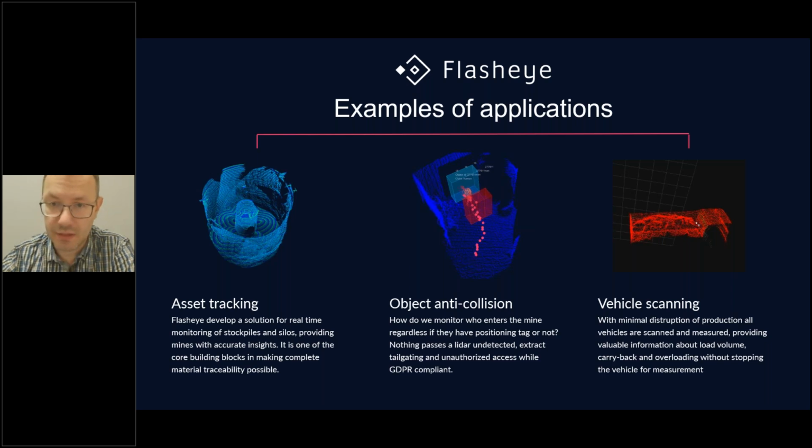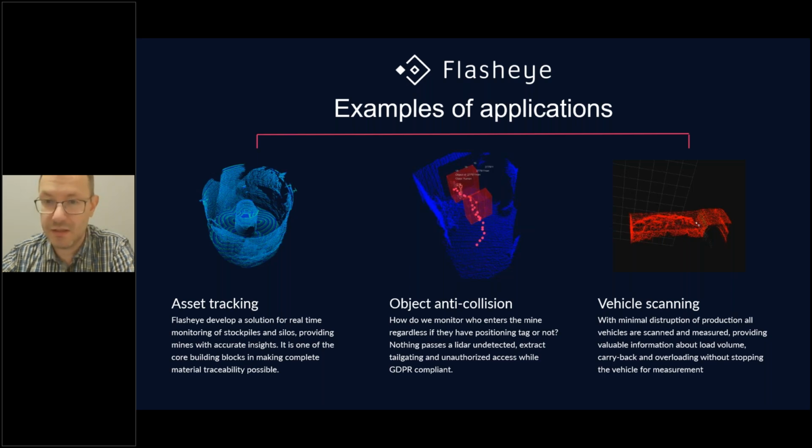Another one of the typical use cases, our applications, is vehicle scanning, where our software is used for making basically 3D models of the vehicles going under the 3D LiDAR, analyzing those 3D models, not only making those models, but analyzing them. For example, in this 3D model on the right side, you can see a dump truck filled with ore, with material on it.